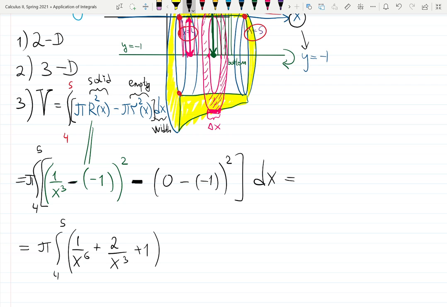Then it's going to be minus 1. So make sure you understand. This is 1, but there is a minus in the formula. Big radius squared minus small radius squared. Nice. dx.